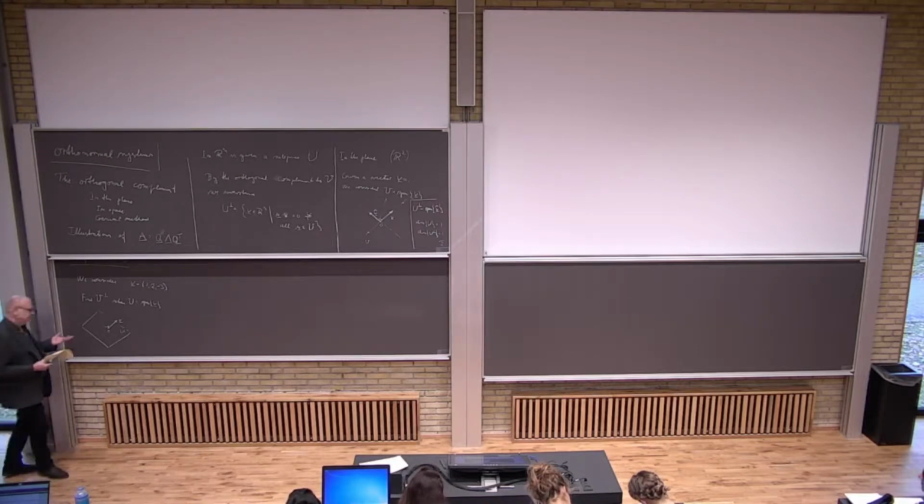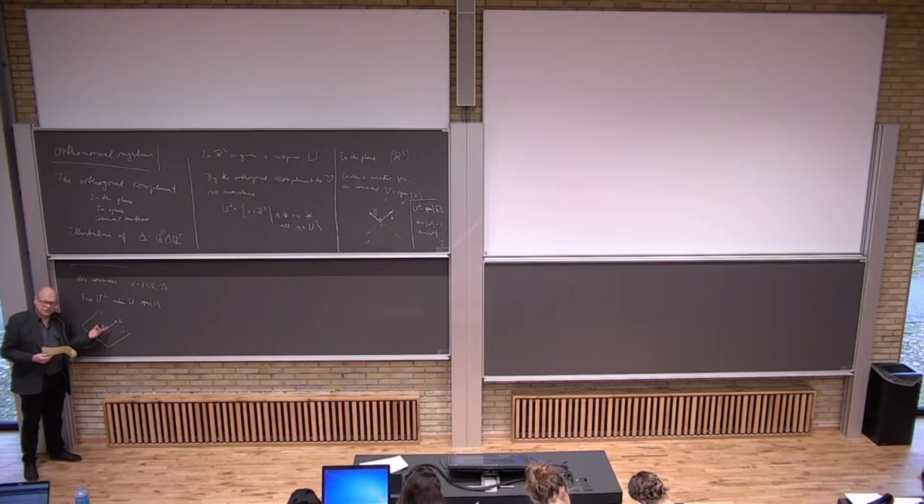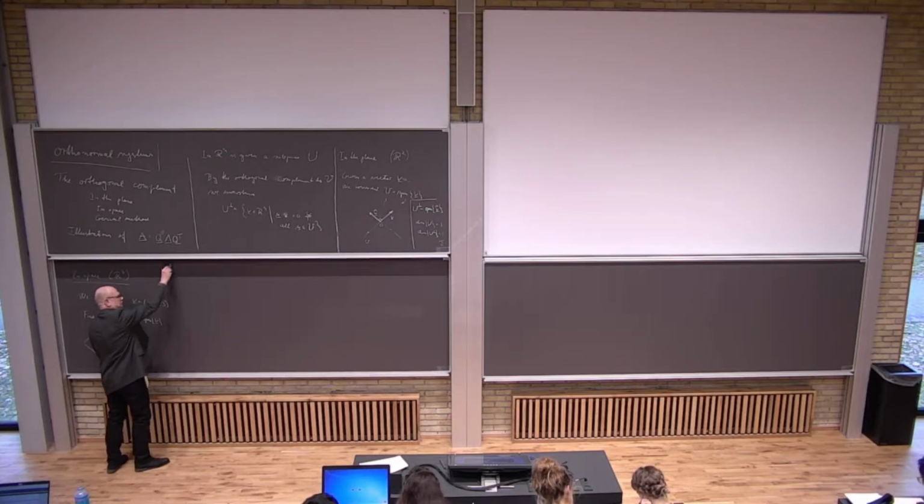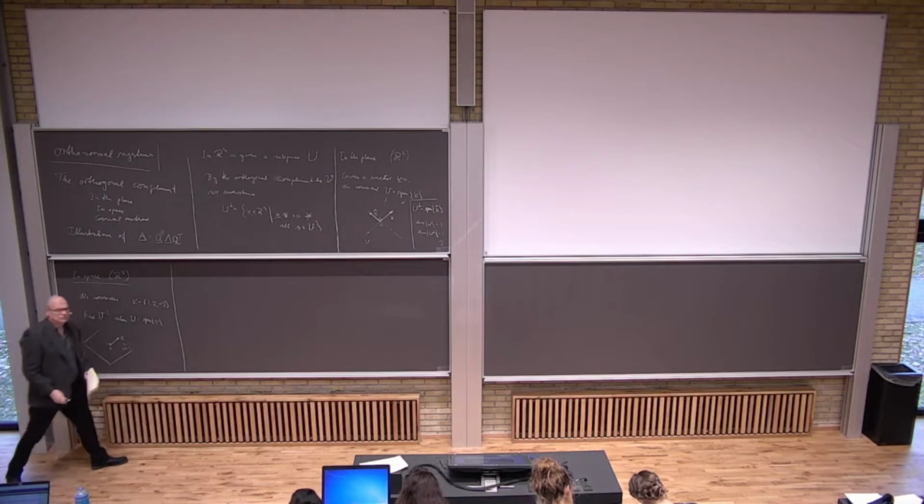So you can say here that the orthogonal complement is a plane with a given normal vector. And now I'm going to use something that you learned in high school, or something I believe you learned in high school.